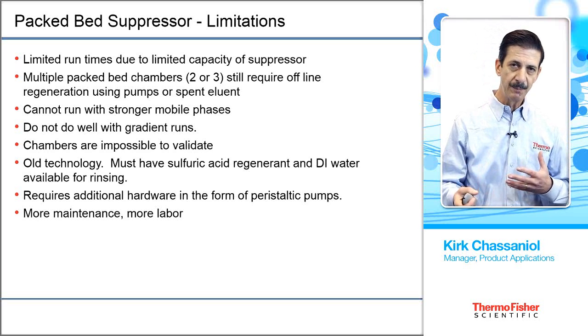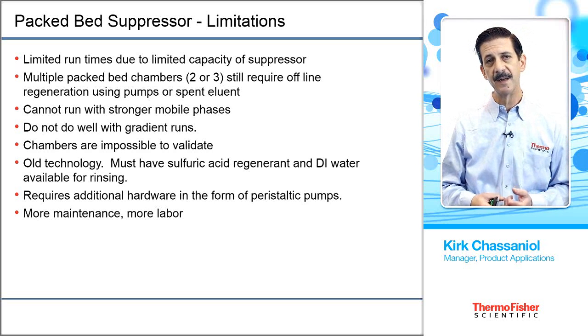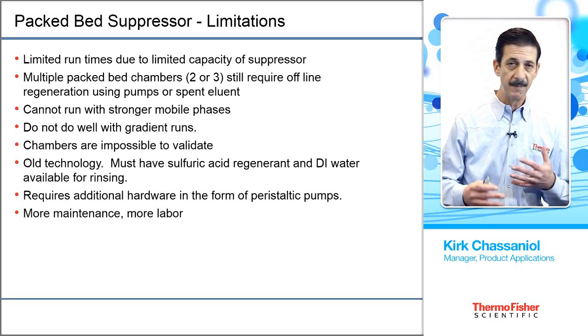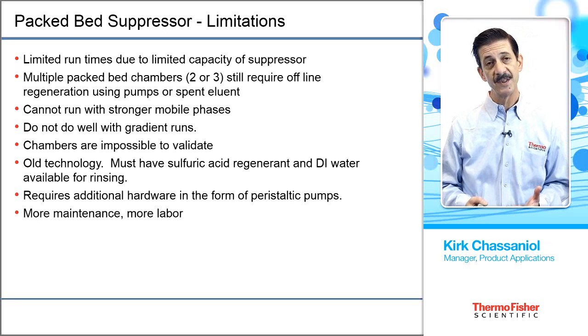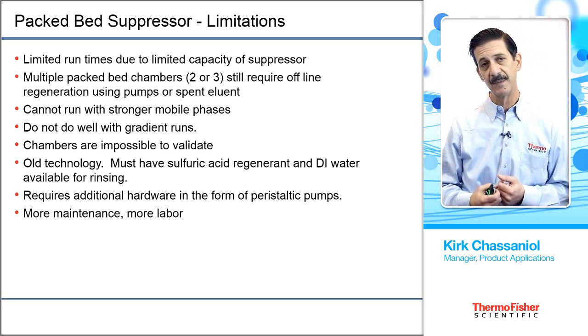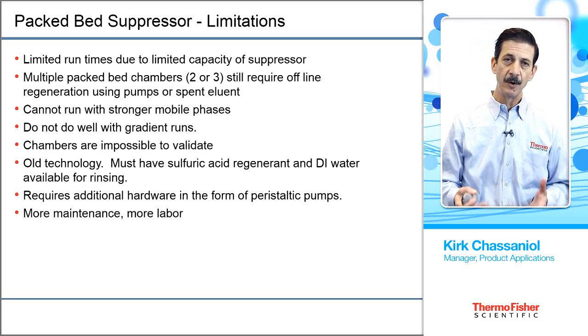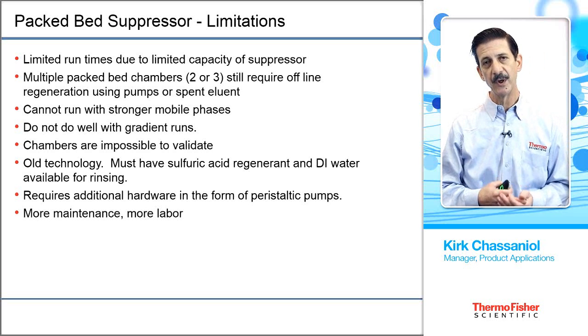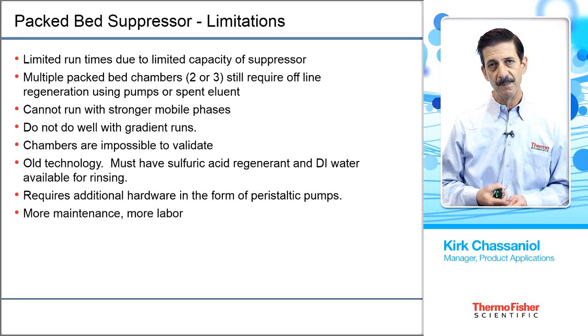If I've got multiple chambers containing this cation exchange resin, I may have differences in reproducibility if I'm not regenerating it properly. I can use strong eluents not only to aid in my separation, but also to help clean up my column, in case to prevent fouling. And then the old packed bed suppressors do require sulfuric acid for regeneration. So continuous suppression is essentially maintenance-free.